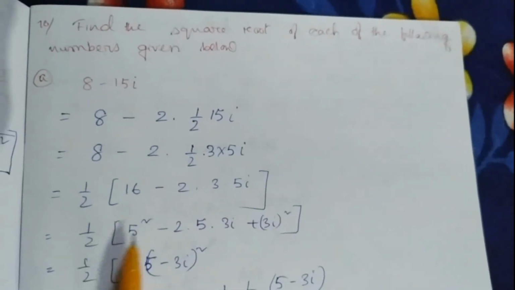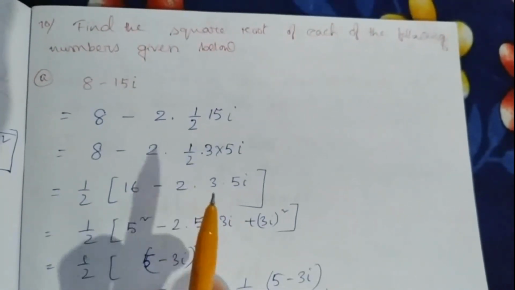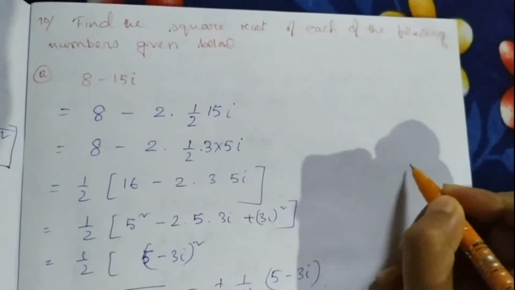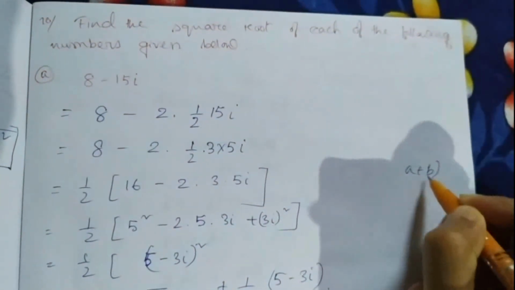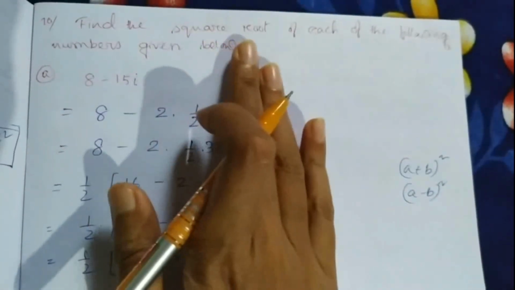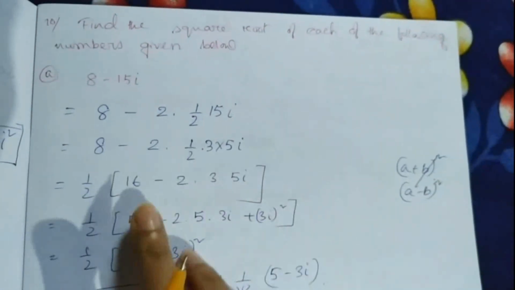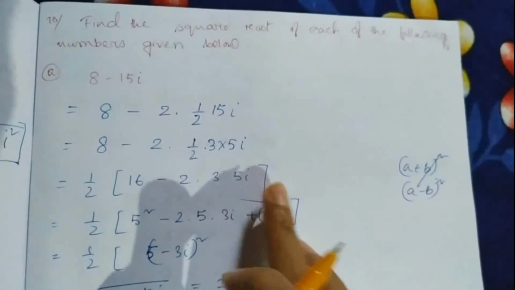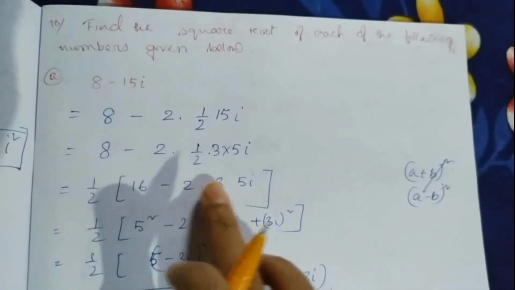Now half into this. Always try to convert it into the (a plus b) whole square form or (a minus b) whole square form, so that you will get the square root easily, isn't it? So here you see 16 minus 2 into 3 into 5i. So 2ab is there.